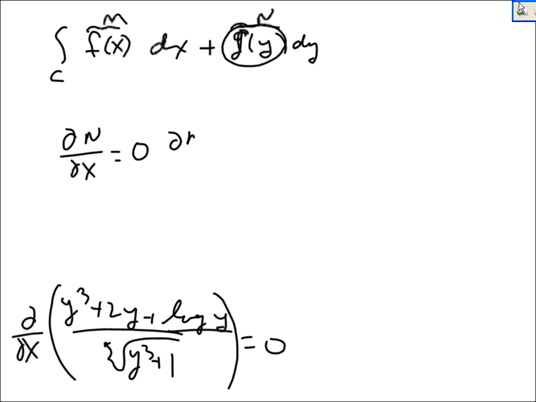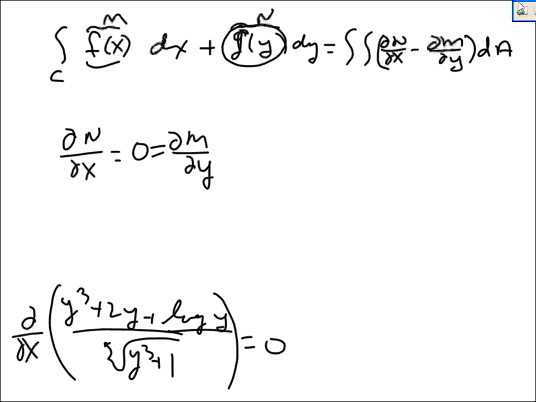The partial of M, being just a pure function of x, with respect to y is 0. So by Green's theorem, we get the double integral of the partial of N with respect to x minus the partial of M with respect to y, times dA.